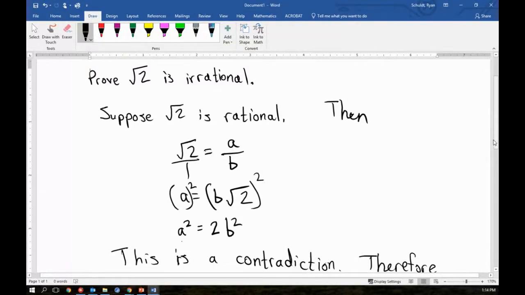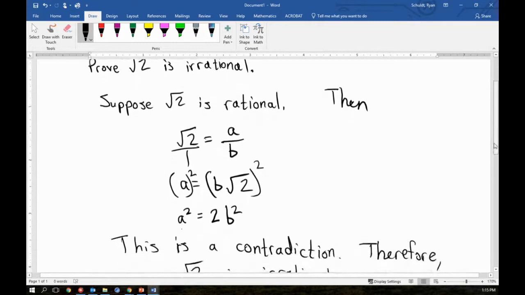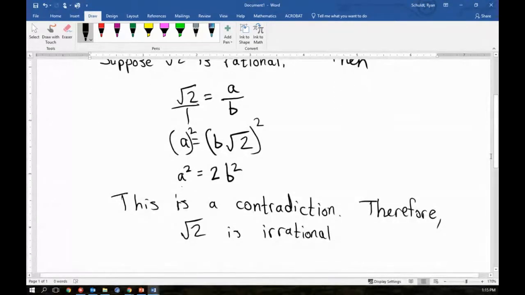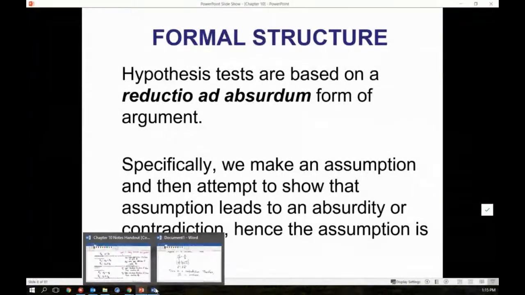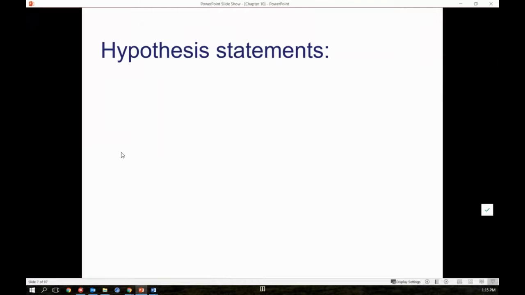But they can't because this is supposed to be reduced. So this would be a contradiction. Therefore, my statement that I said, let's suppose it is rational, is absurd, which means it must be irrational. Essentially, you're contradicting yourself is what you're doing.